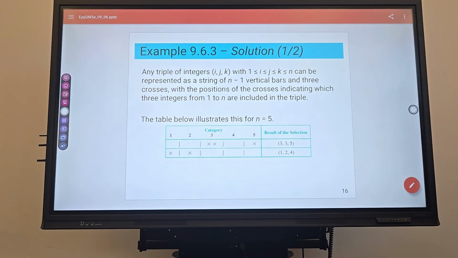Any triples of integers with those conditions can be represented as a string of n minus 1 vertical bars and 3 crosses, with the positions of the crosses indicating which 3 integers from 1 to n are included in the triple. So this is for n equals 5.